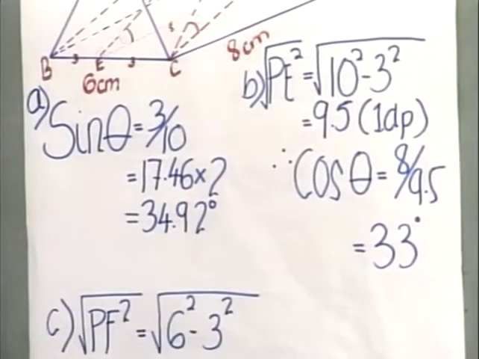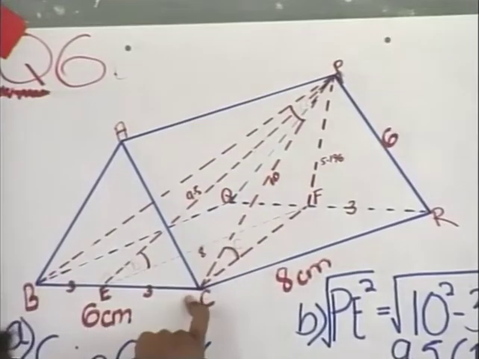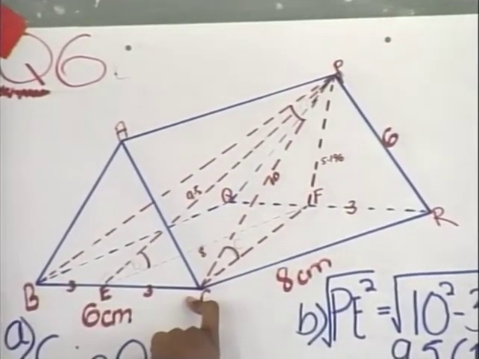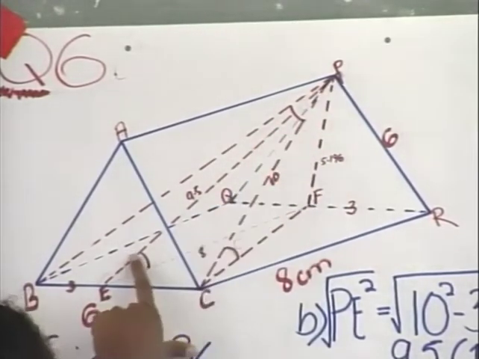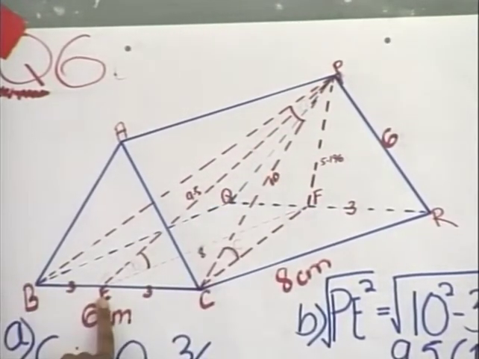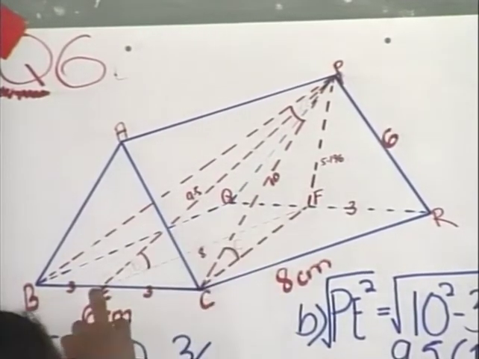For B, the angle between the plane PBC and the base. So it's this. I label this point here as E. So you find the angle PEF.